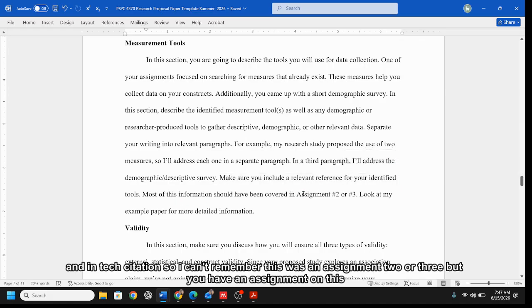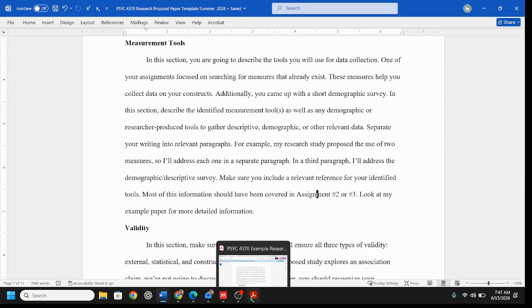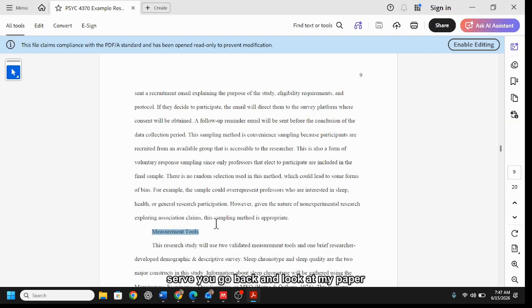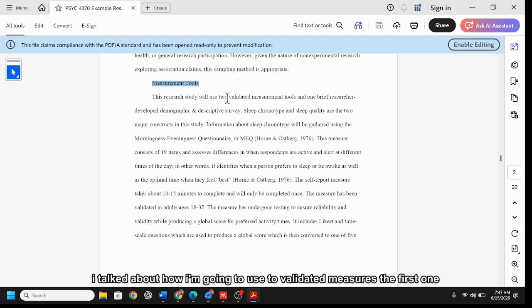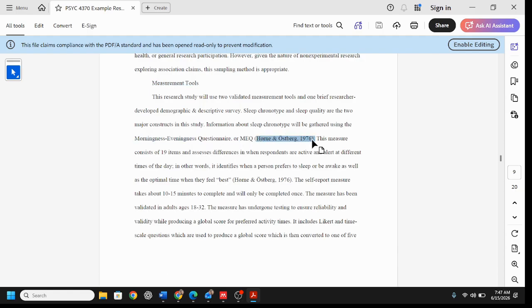I couldn't remember if this was in assignment 2 or 3, but you have an assignment on this. So if you go back and look at my paper, yes, there's a mistake right there, but I talked about how I'm going to use 2 validated measures. The first one is the Morningness-Eveningness Questionnaire, and then I cite it, okay? And then I talk about what's in it.